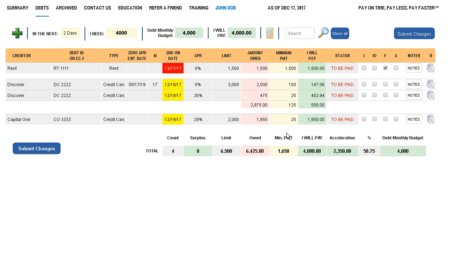For example, this one is paying the same because it's controlled, so to speak, by the expiration date at 0%, and we want to comply with this. Now notice that this one reduced a little bit, a tiny bit. Now we are already using our full budget, the 4,000, and the acceleration is 2350 with a 58% acceleration rate. And we see that we have reduced a little bit.